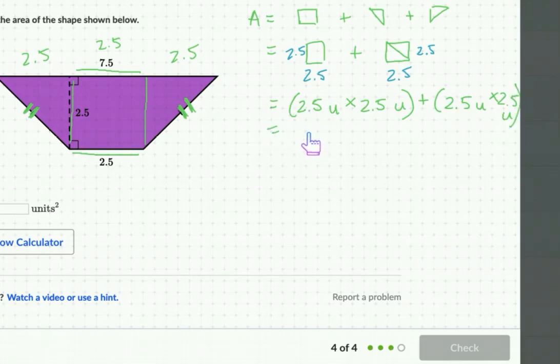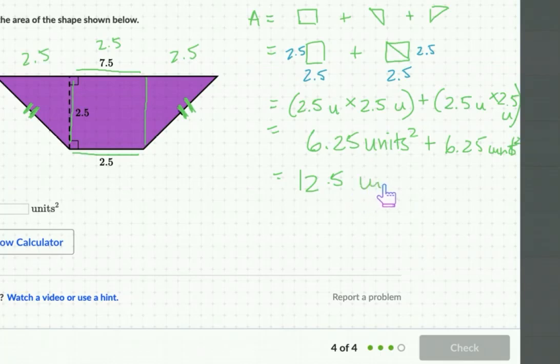So 2.5 times 2.5. I have to put into my calculator. That's 6.25 units squared. I'm going to basically add it to another 6.25 units squared. So it's basically just 6.25 times 2. So that's 12.5 units squared.